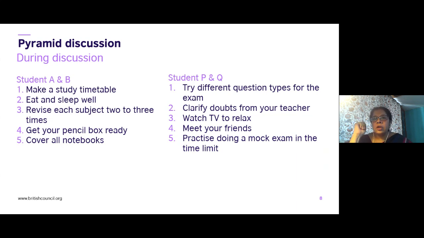If you see here, student P and Q, for example, have decided another list. When these 2 pairs get together, after discussing, they will prepare another list of 5.